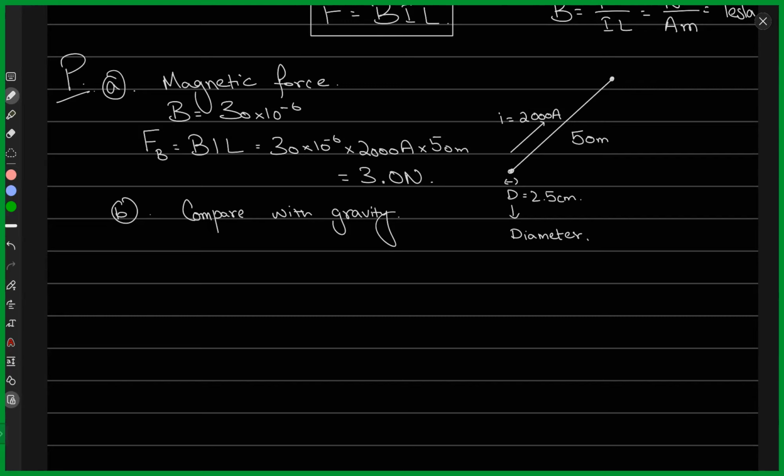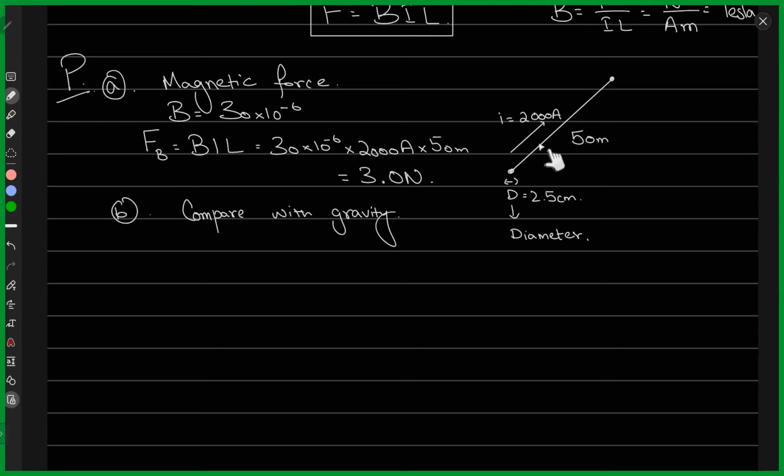That shows how weak gravity is and how strong electromagnetism is in comparison, right? So you would expect the magnitude of the magnetic force to be much, much greater than the force of gravity.